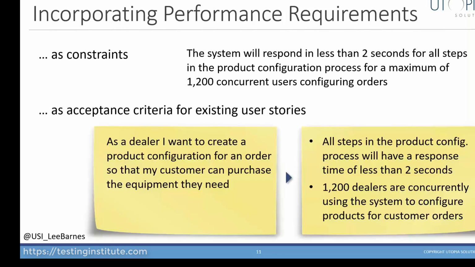For performance requirements that might be specific to a single story, it might make sense to include them directly in the acceptance criteria of the story. But we need to be mindful that user-level performance criteria, things like response time, support for a number of concurrent users, or throughput volume, can likely only be tested or proven in a production-like environment. So in the example that I'm showing on the screen, I'm not going to get meaningful results for high concurrency, high throughput tests in an environment that isn't sized appropriately.